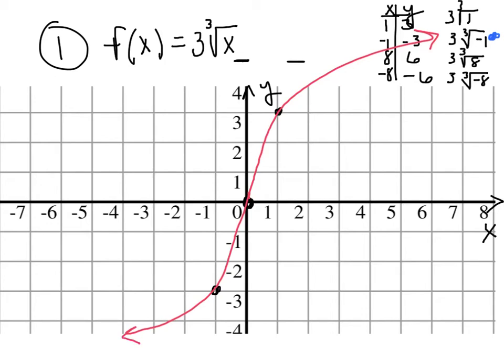They're going to get easier the more you graph them, but they are difficult to graph when you first start. Your domain and range are both the same. They're always going to be the same for cubed root functions. The domain, x is going to be all real numbers, and y will also be the set of all real numbers.